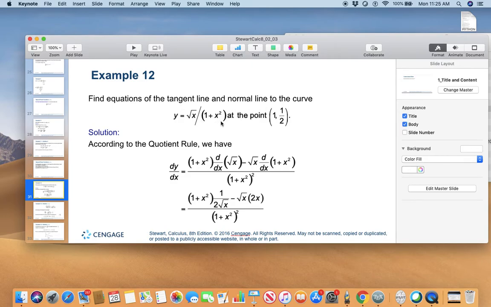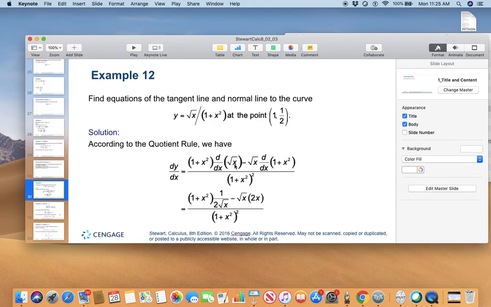The question is to find the tangent line and normal line. Let's first find the derivative, which gives the slope of the tangent line. This calls for the quotient rule. Square of the denominator right away, times the derivative of the top, denominator as it is, minus top as it is, times the derivative of the denominator.